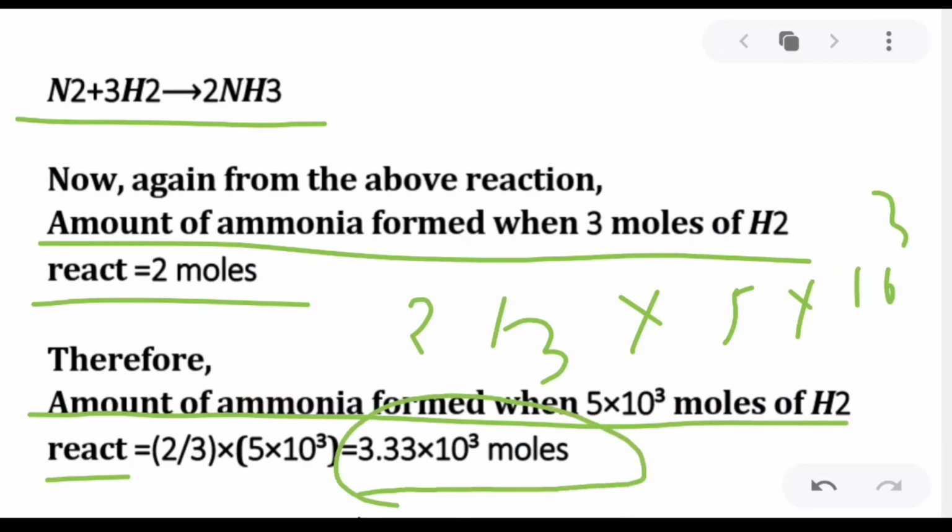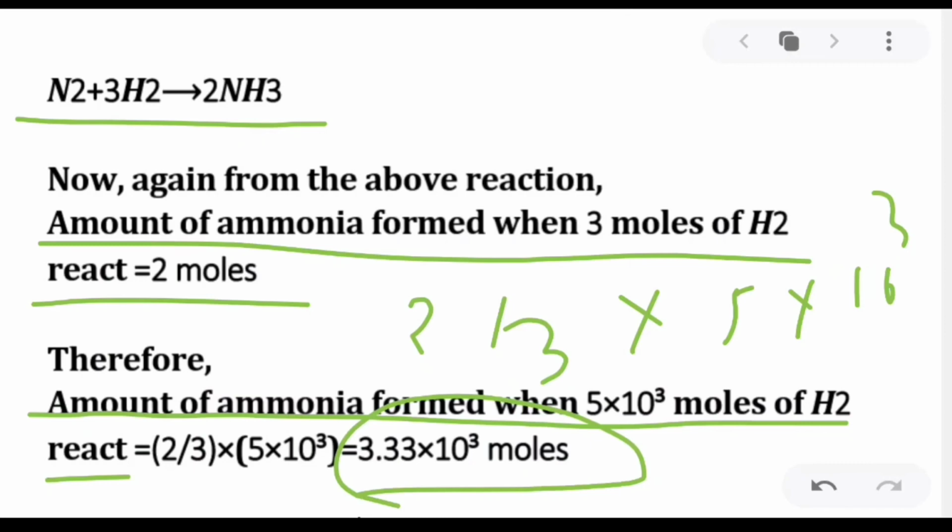So when 5 into 10 to the power 3 moles of H2 react with N2, 3.33 into 10 to the power 3 moles of NH3 is formed. So we can clearly say that when 50 kg of N2 and 10 kg of H2 are mixed, we get 3.33 into 10 to the power 3 moles.